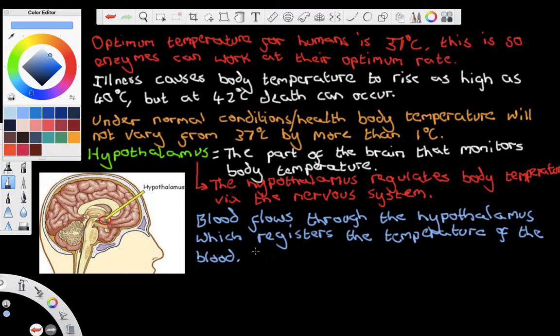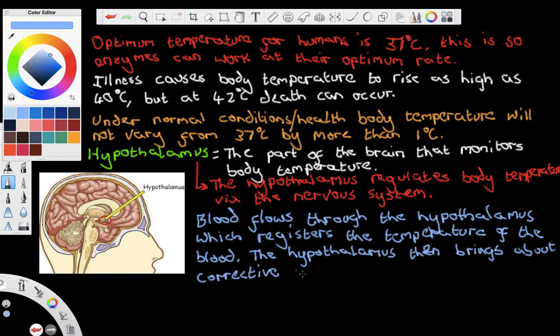So we can say that the hypothalamus then brings about corrective mechanisms via the nervous system.